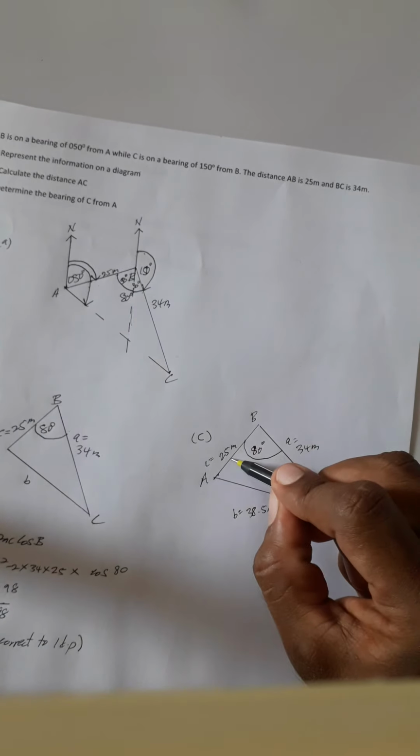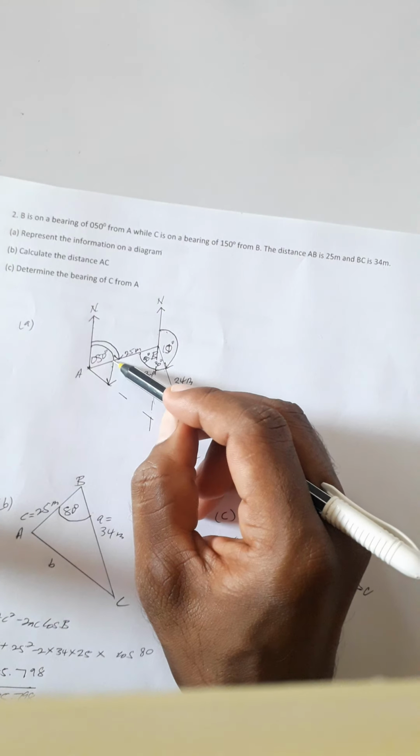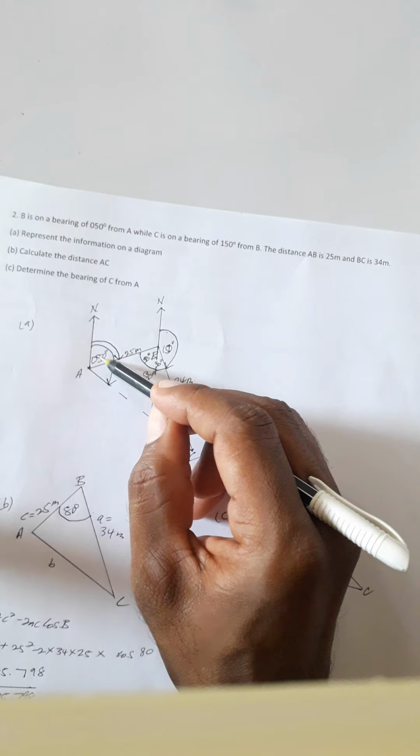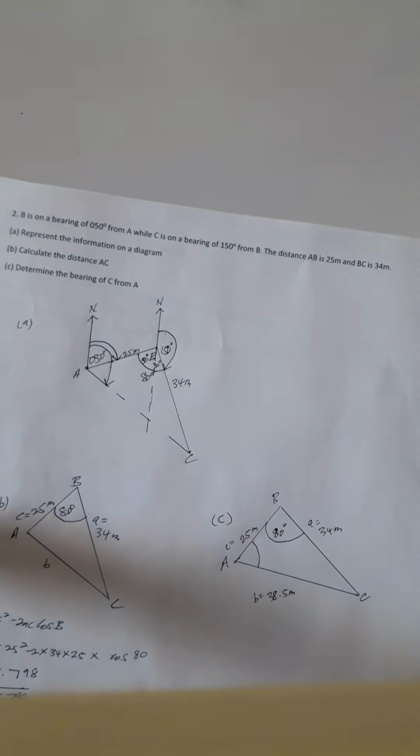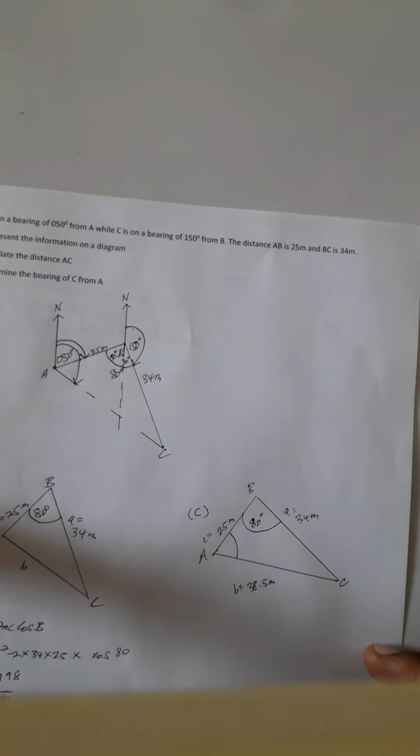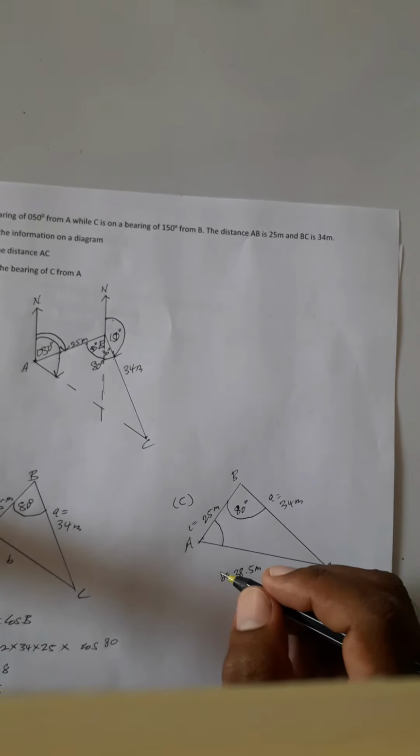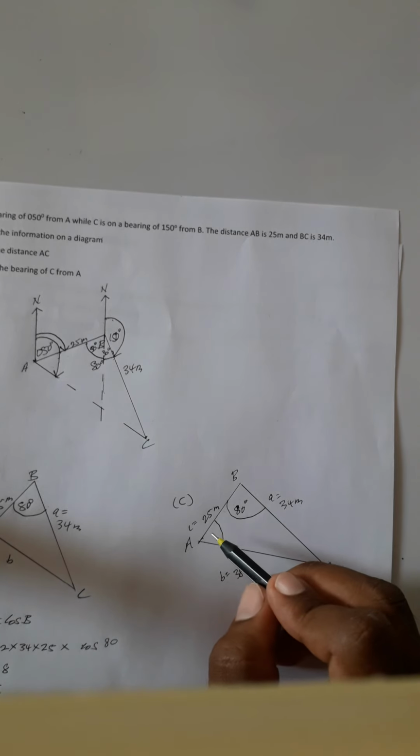There are two ways we can go about it. We need to find this angle because we want to know this bearing. If you find this angle, we can add it to the 50 to know the entire bearing. This here is a typical CXC question, so you'll find questions like this coming in the exam, just in case it comes. So I need to find this angle.